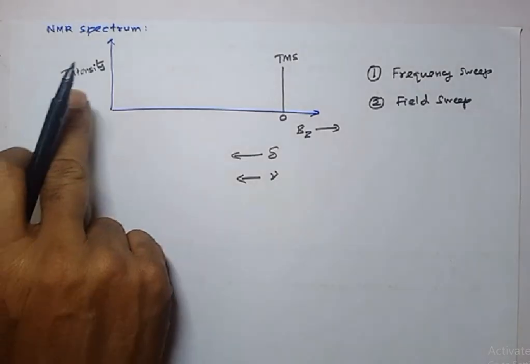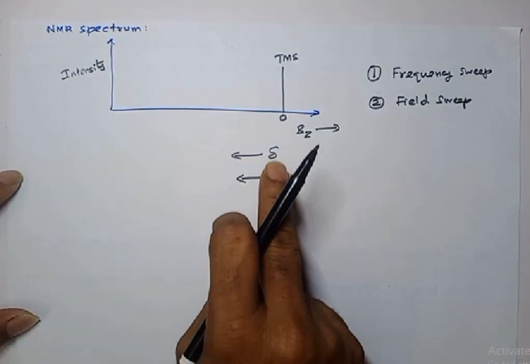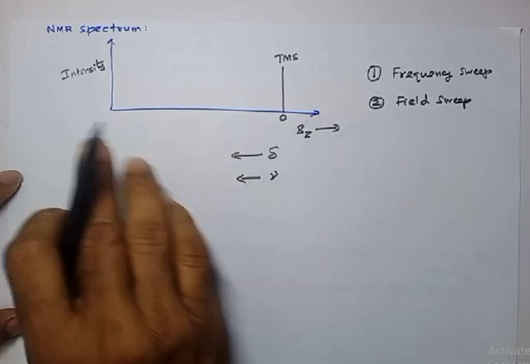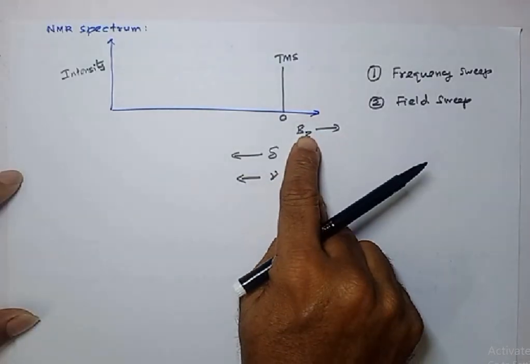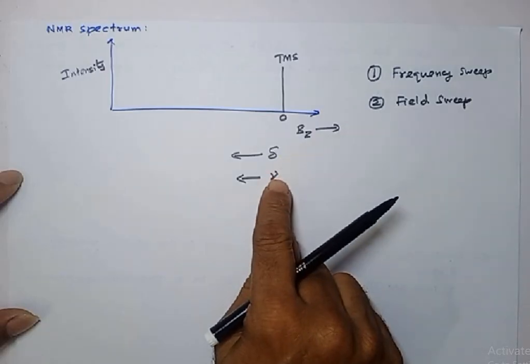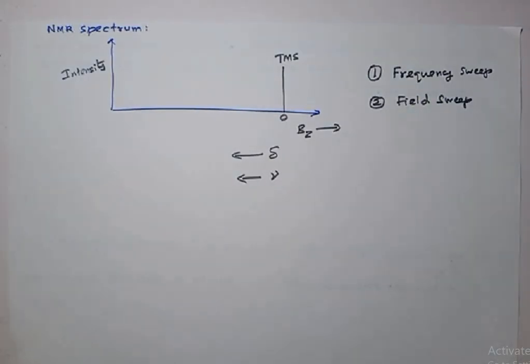So we plot intensity in the y-axis and frequency, chemical shift, or magnetic field strength in the x-axis. If we plot magnetic field strength, it is called the field sweep method. If we plot frequency of radio frequency radiation, it is called the frequency sweep method.